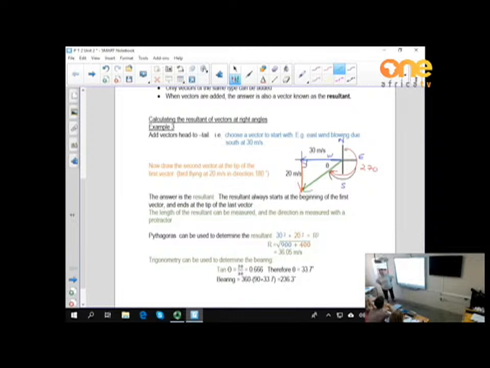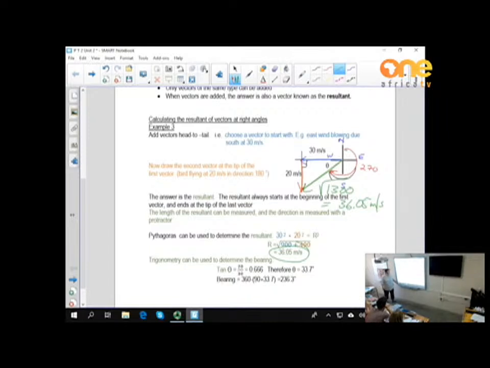We would use Pythagoras. 30 squared is 900 and 20 squared is 400, and 900 plus 400 is 1,300. So this green side is the square root of 1,300, which is equal to 36.05 meters per second. Who does not understand that? It's fairly easy, just using Pythagoras.